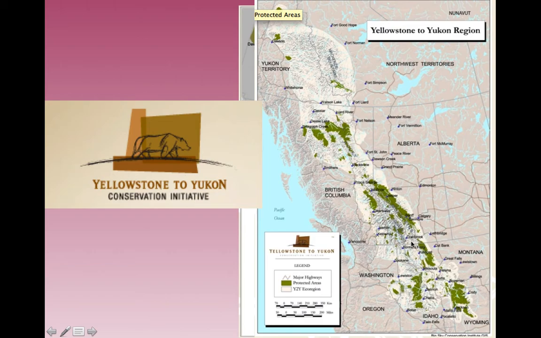So this gets into this idea, and this is what I have here, Yellowstone to Yukon. There's a Y2Y conservation initiative to connect, using habitat corridors, all of these quote-unquote islands together, so that you can have them exchange species and keep the ecosystem more healthy and vibrant over time.